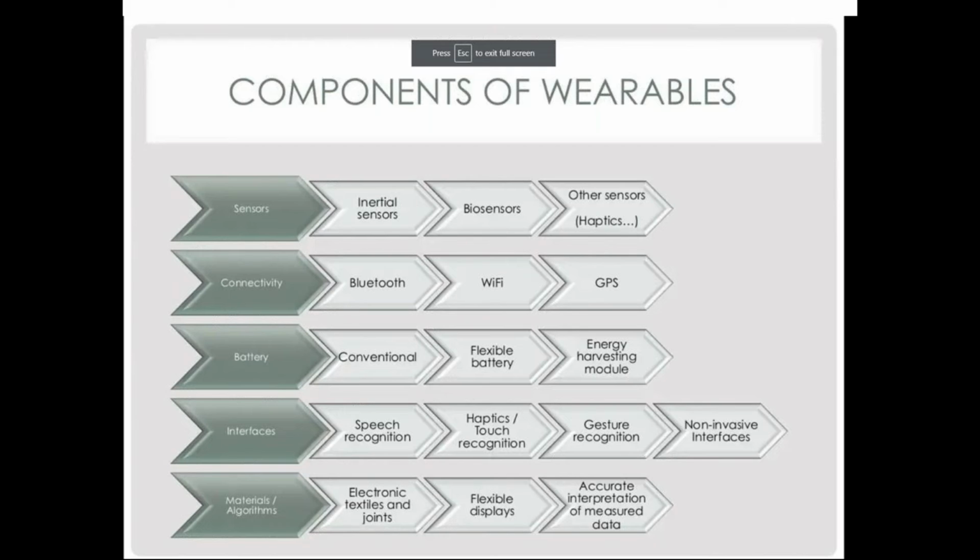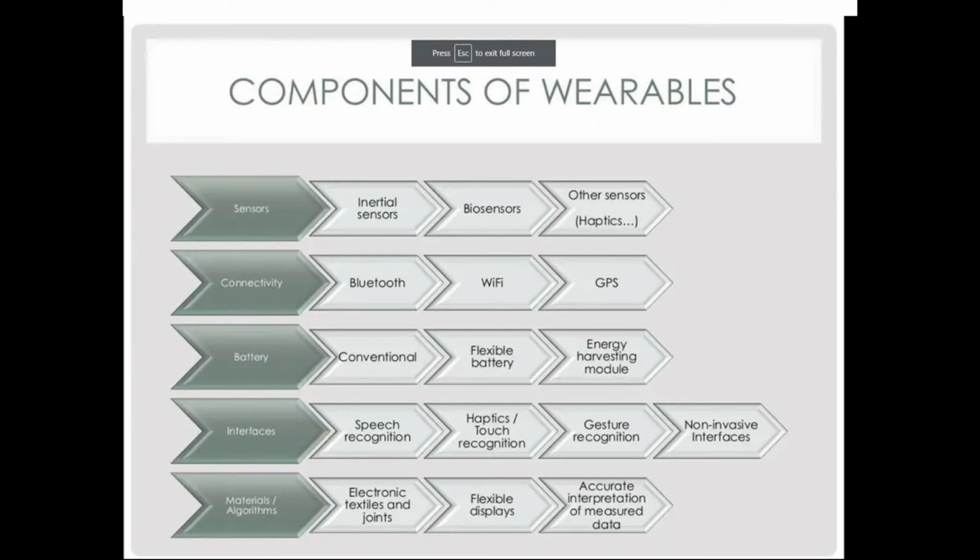Now let us talk about the materials and algorithms. When we are talking about smart textiles, as I told earlier, electronics in wearable technology need to be as flexible as possible, so that if we are wearing a smart textile, it doesn't mean that you are wearing a box. It is simply a cloth which shall be able to sense.